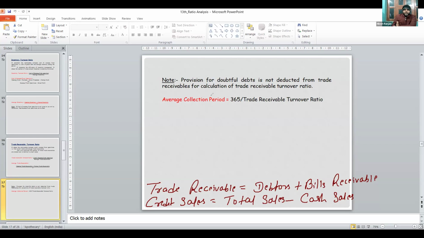Actually, the formula of average collection period should come after the meaning. Okay, no issue.